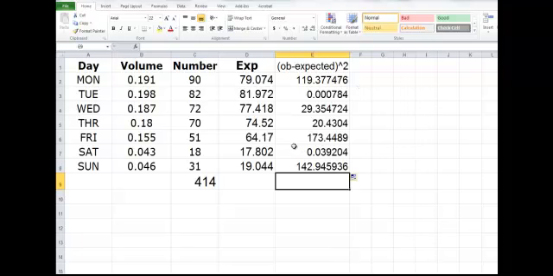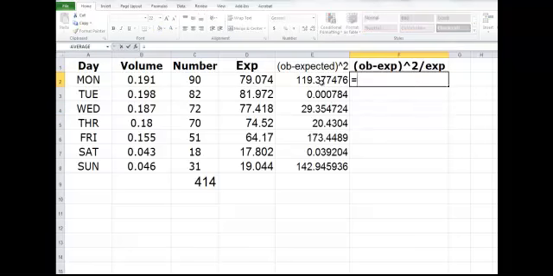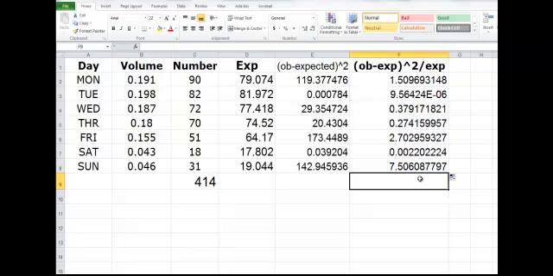We got all the observed minus expected squared. Now we need observed minus expected squared divided by the expected count. So this is my observed minus expected squared, and I want to divide it by the expected count. Here is the number, and we get them all here.